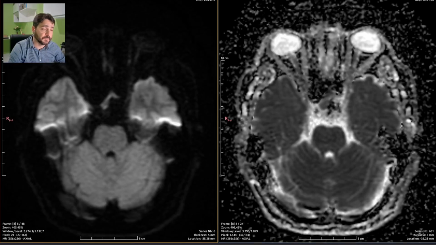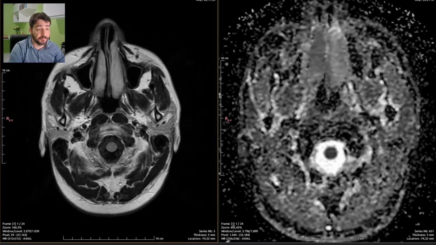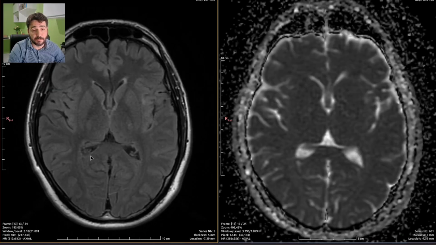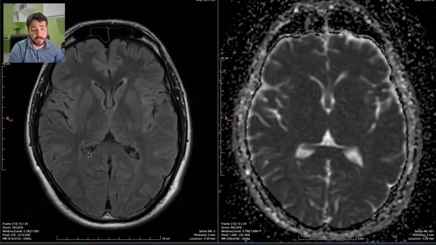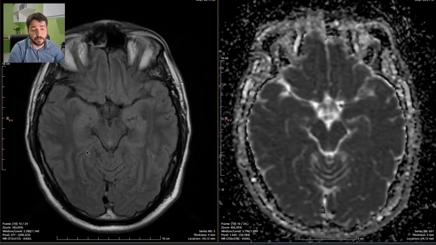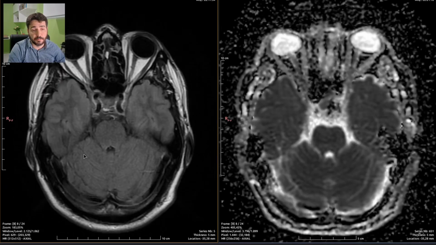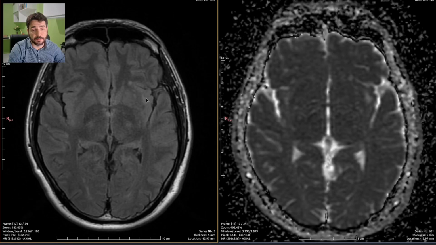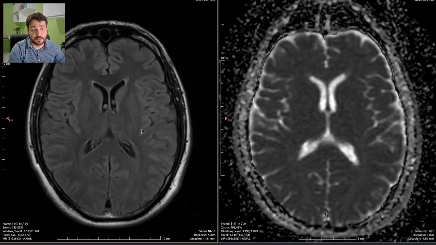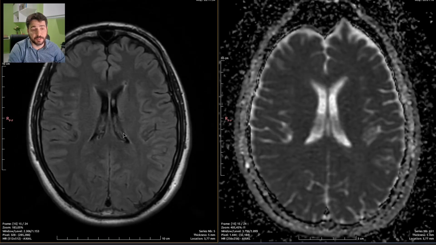So we don't really have much here. We can't really tell why this patient has some kind of new epilepsy or seizures. We are going to report this, but this shouldn't be of much concern.